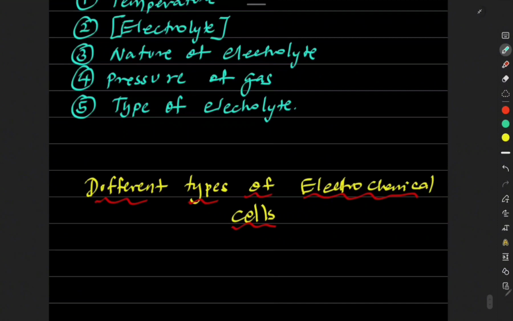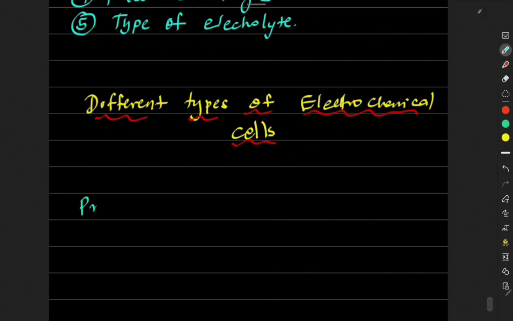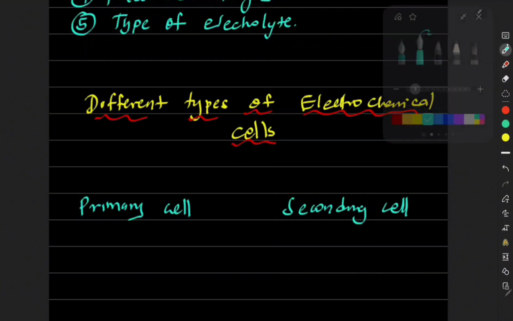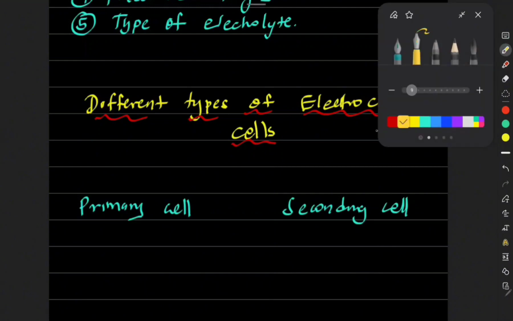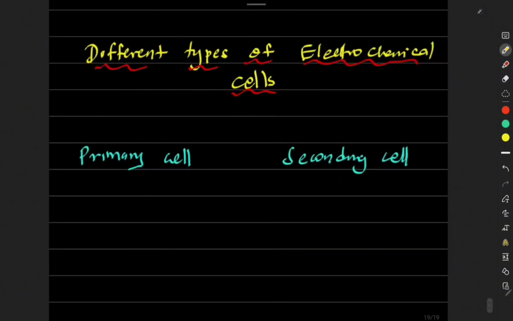There are primary cells and secondary cells. In a primary cell, the cell reaction cannot be reversed by providing electrical energy.